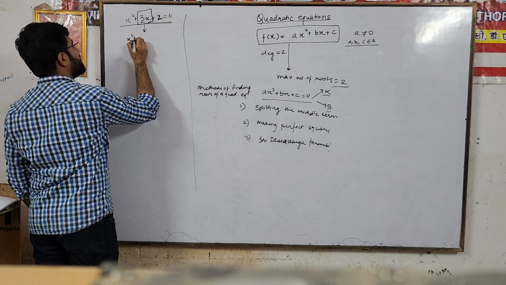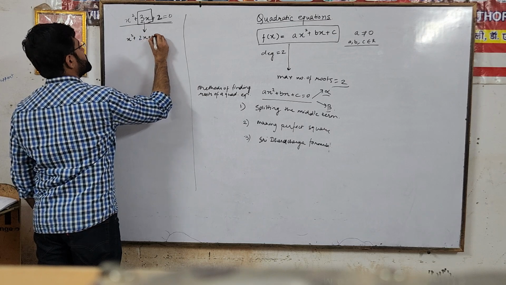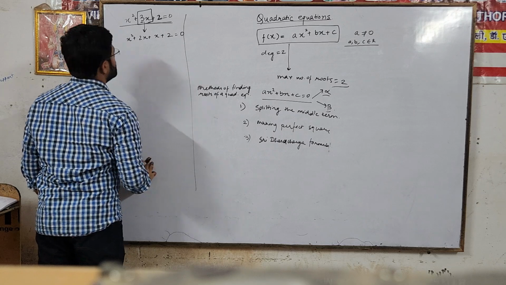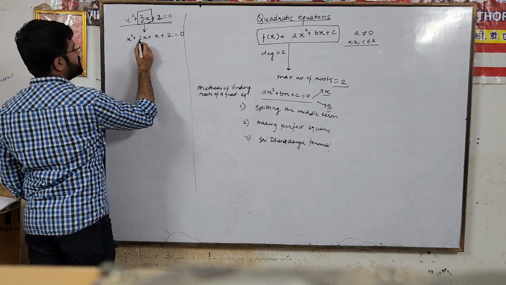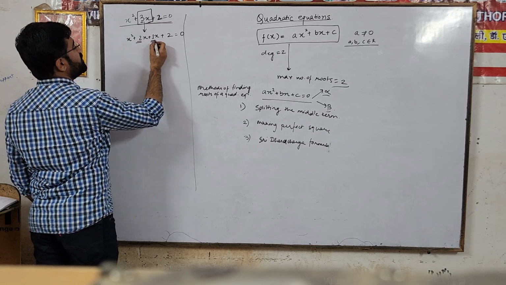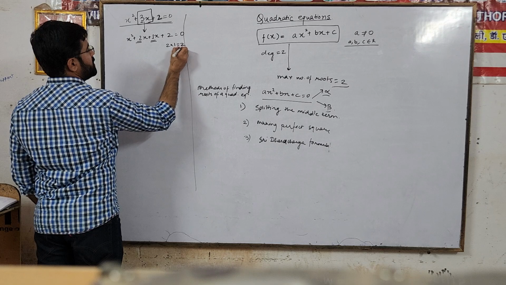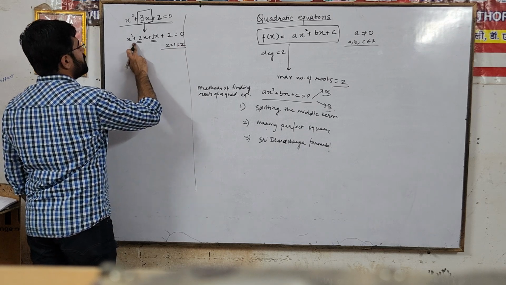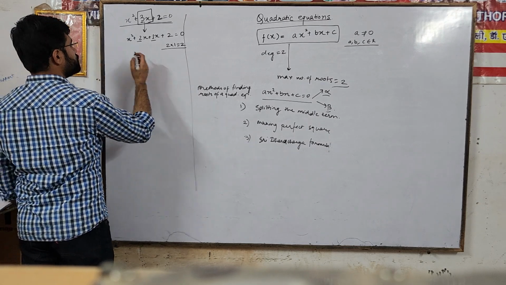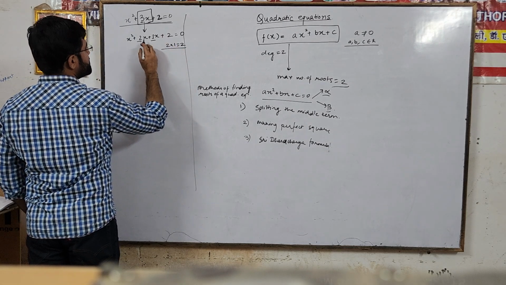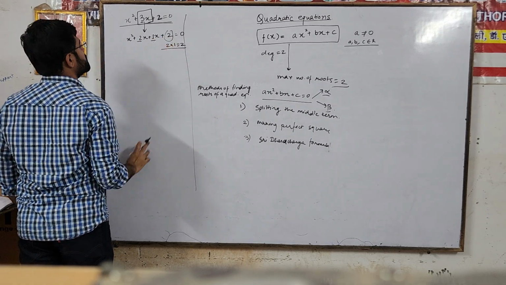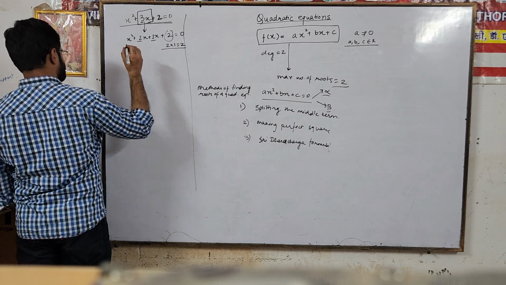For example, I write this as x square plus 2x plus x plus 2 is equal to 0. I have split 3x into 2x and x. 2 and 1 multiplied give me 2, the constant term.